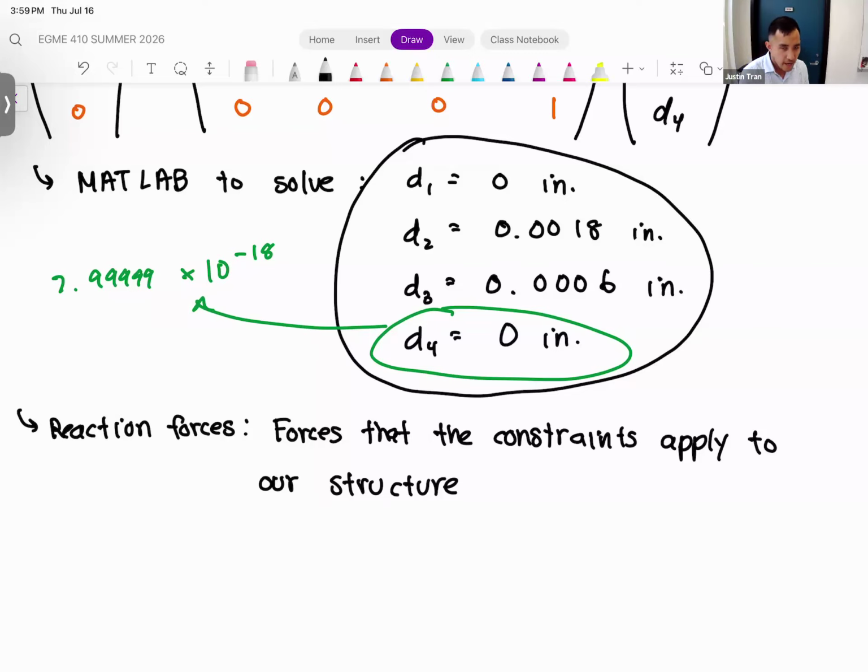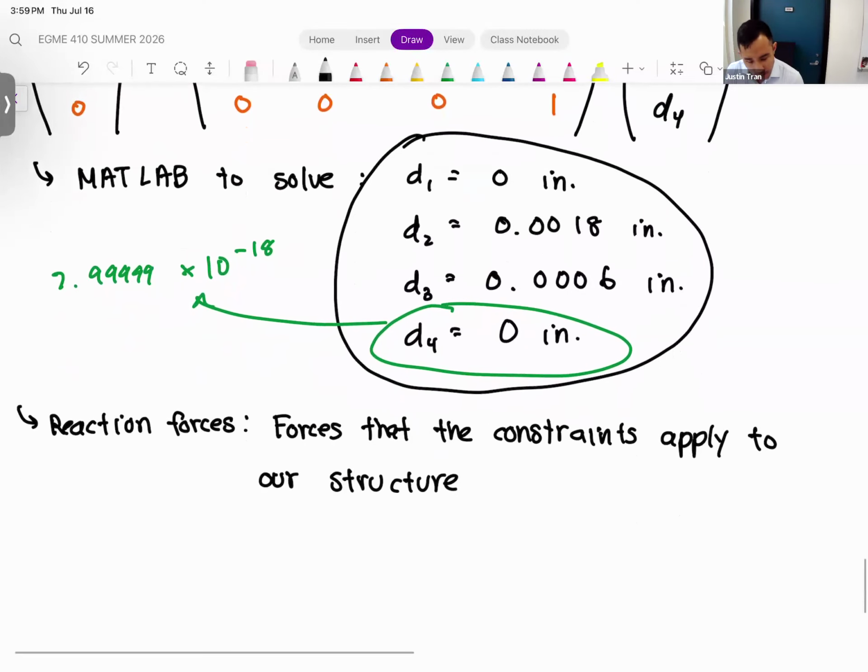The main purpose of the reaction forces is to maintain static equilibrium. Technically, going all the way back to your physics class, if you have an object in static equilibrium, the sum of all the forces on the object has to equal 0.